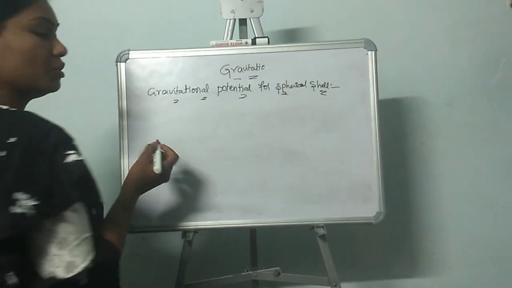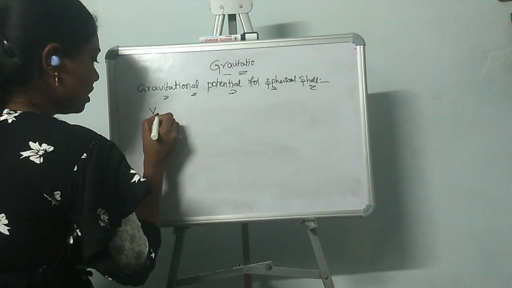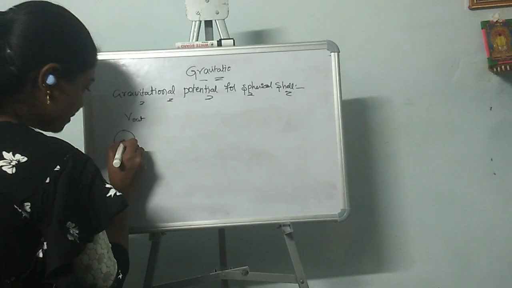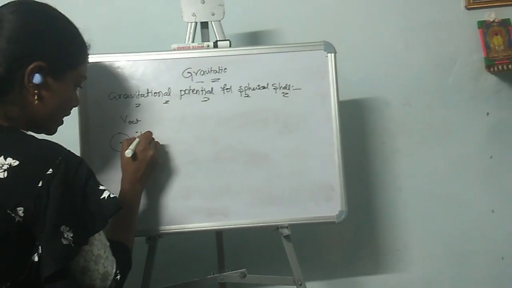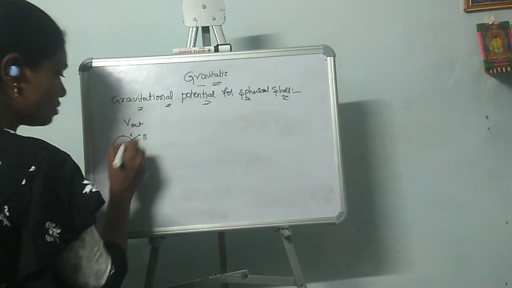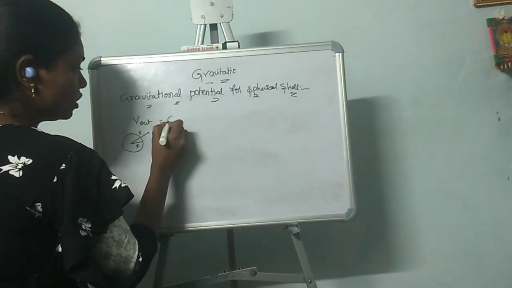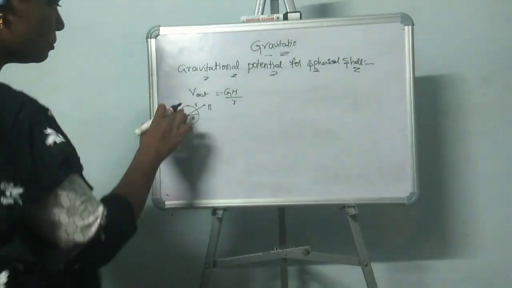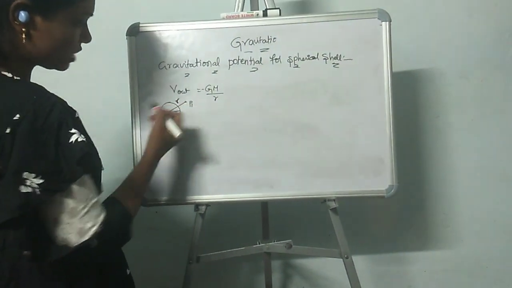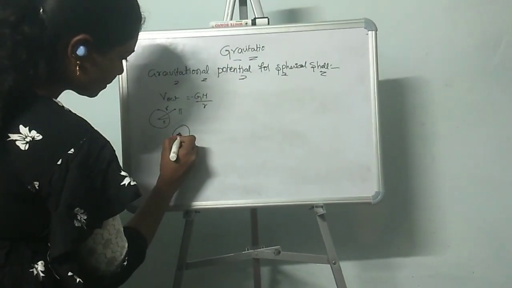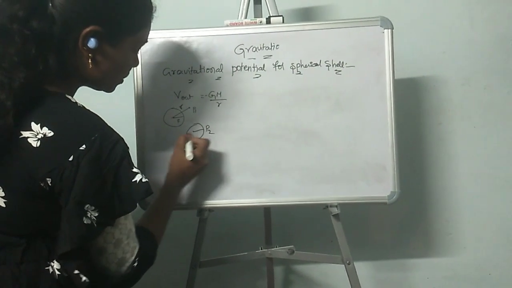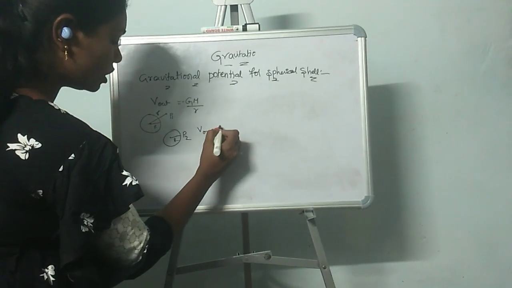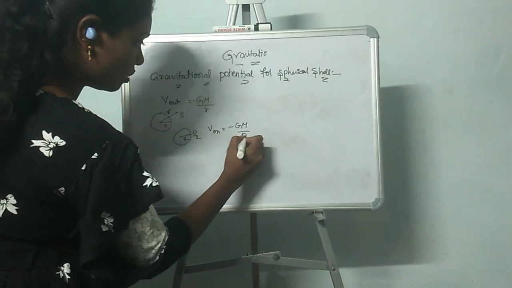For a spherical shell, we have potential V outside. We take a spherical shell of radius R, with point P1 located outside at a distance r, then V outside equals minus Gm by r. For point P2, which is on the surface at a distance of capital R, V equals minus Gm by capital R.